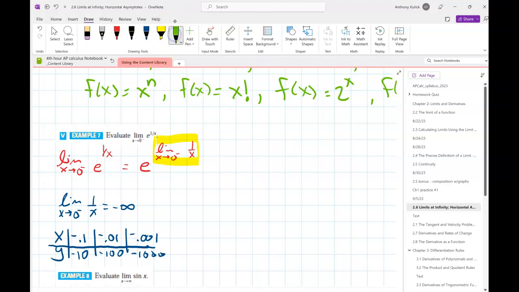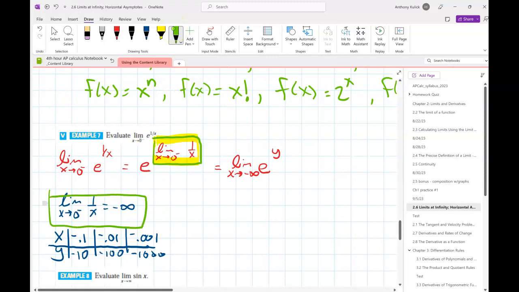So what I'm going to do is make this into a dummy variable. I'm going to pretend the exponent is the variable y, and we're going to negative infinity, because that's what we just saw. If I replace the exponent with just a y and then go to negative infinity, it's equivalent to what I had before, because I know that the limit as x goes to 0 from the left of 1 over x is negative infinity.